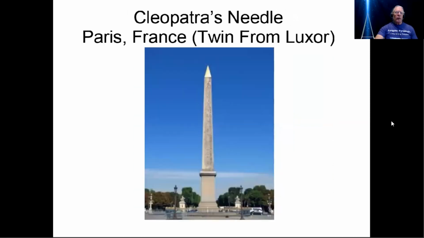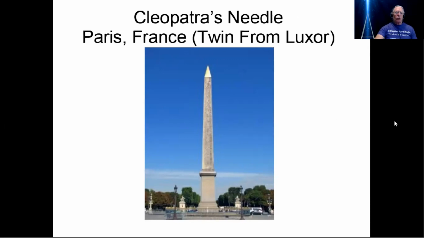Now, the other twin of that obelisk was actually moved from the location in Luxor to Paris, France in the 19th century. And here we see a picture, and it's called the Cleopatra's Needle, located in Paris, France.